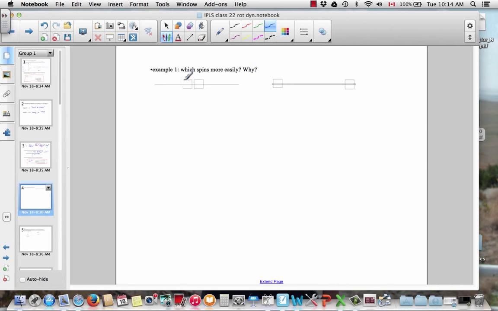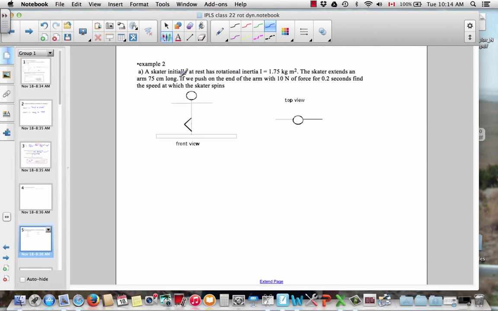So here's a demonstration we'll look at in class. Here's our first example. Here we have a skater. They have a certain amount of inertia, and somebody, maybe your skating coach, is pushing on them, exerting a force on their outstretched hand. Now, they've set a pick down here so that they can rotate, and the rotational axis goes through the top of their head, and that force is acting a distance r, which is the length of their arms, away from that axis of rotation.